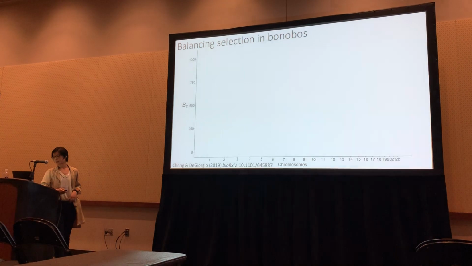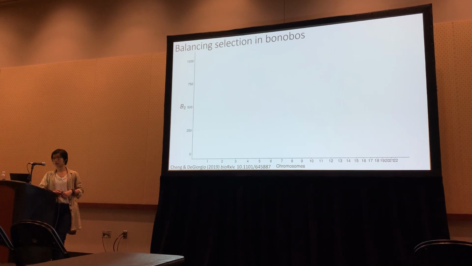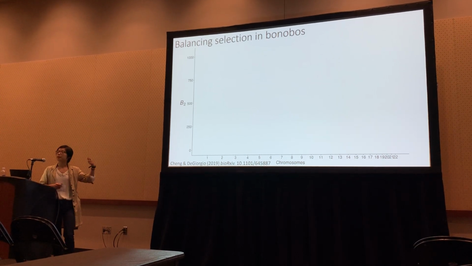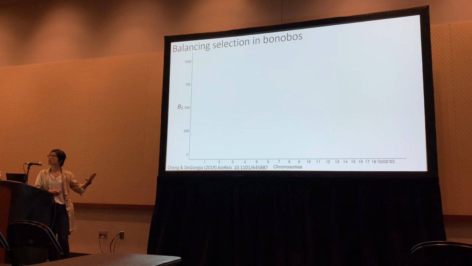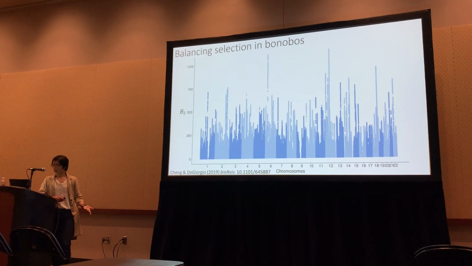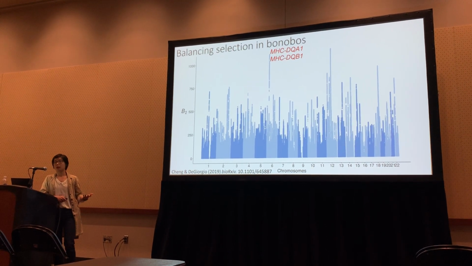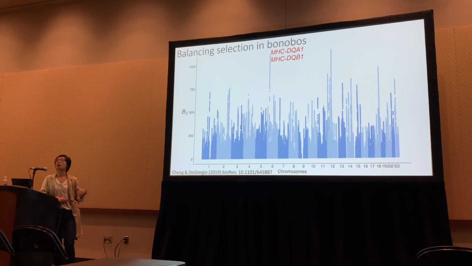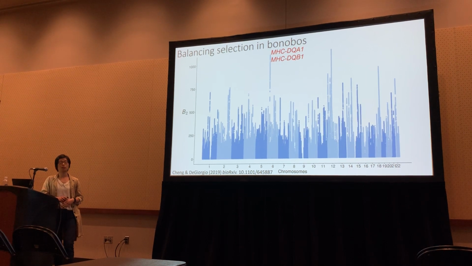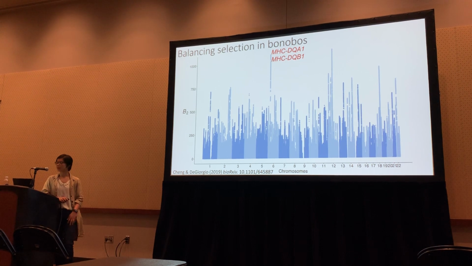So I applied the B2 statistic on the genomic data of 13 bonobos in the Great Ape Genome Project, and here is the data mapped on the human genome because it's easier to interpret. That is the Manhattan plot I have, and unsurprisingly, one of the highest candidates we have is in the MHC region, which is very important for adaptive immunity, so it's great that we can find that.